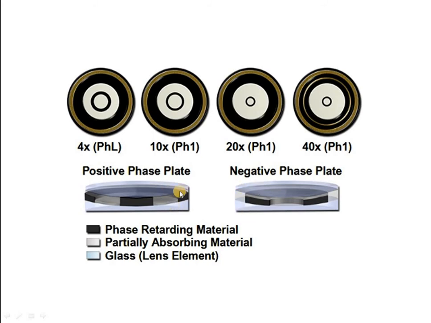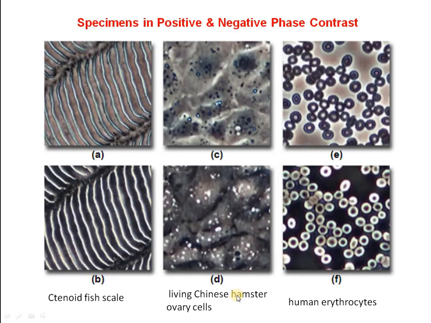In this case these are the glass, and here it is the phase retarding material. Here there is a phase retarding material, and in between them the partially absorbing material is there. So this is the positive phase plate and this is the negative phase plate.